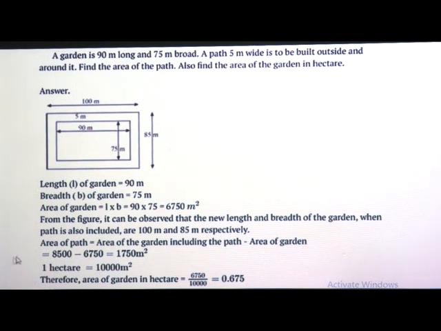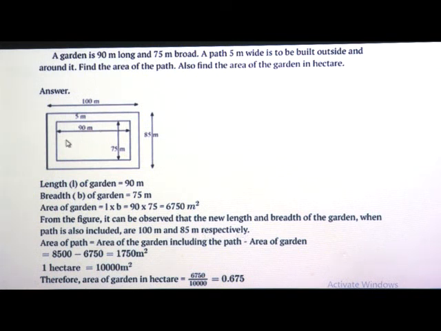Now, from the figure it can be observed that the new length and the new breadth of the garden, as in the previous session where we also had a similar example, when the path is also included are 100 meter and 85 meter respectively.